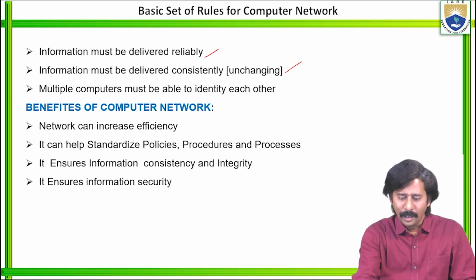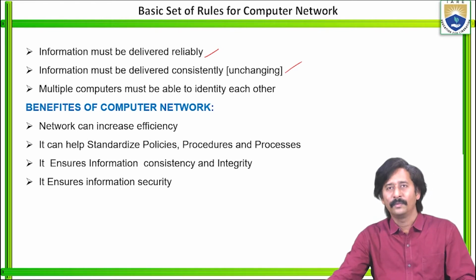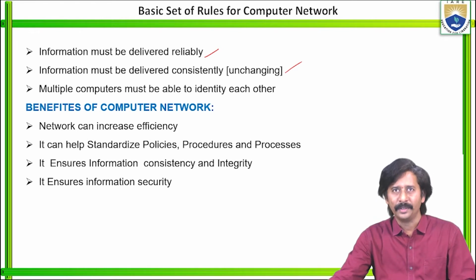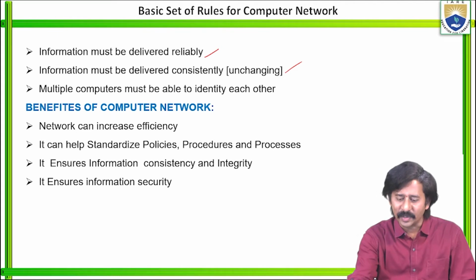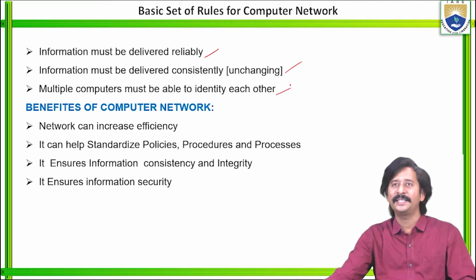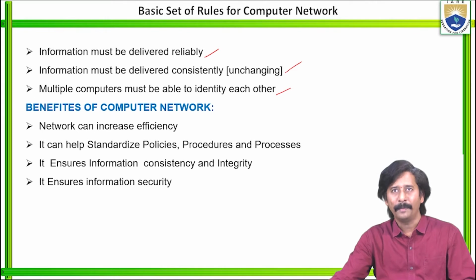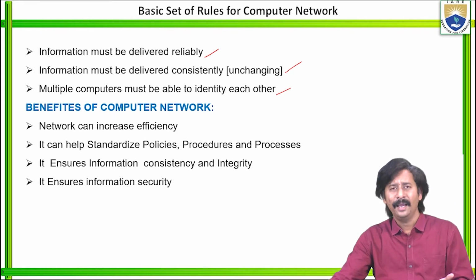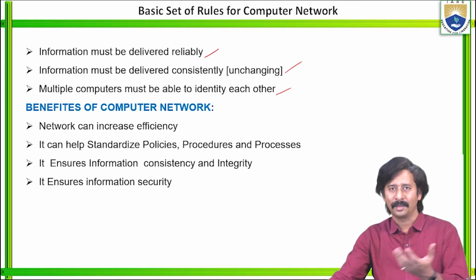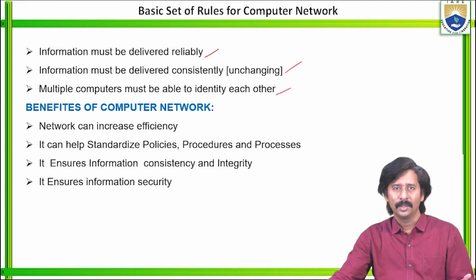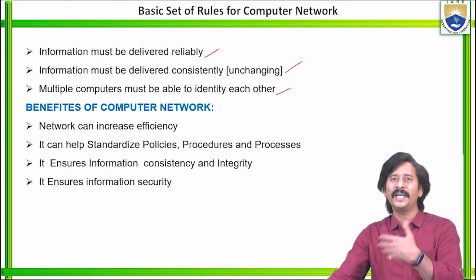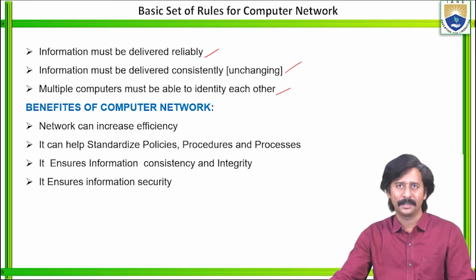Another rule for establishing a computer network is that multiple computers must be able to identify each other. As human beings we have names, like Ramu, Sita, and we identify each other with our names.